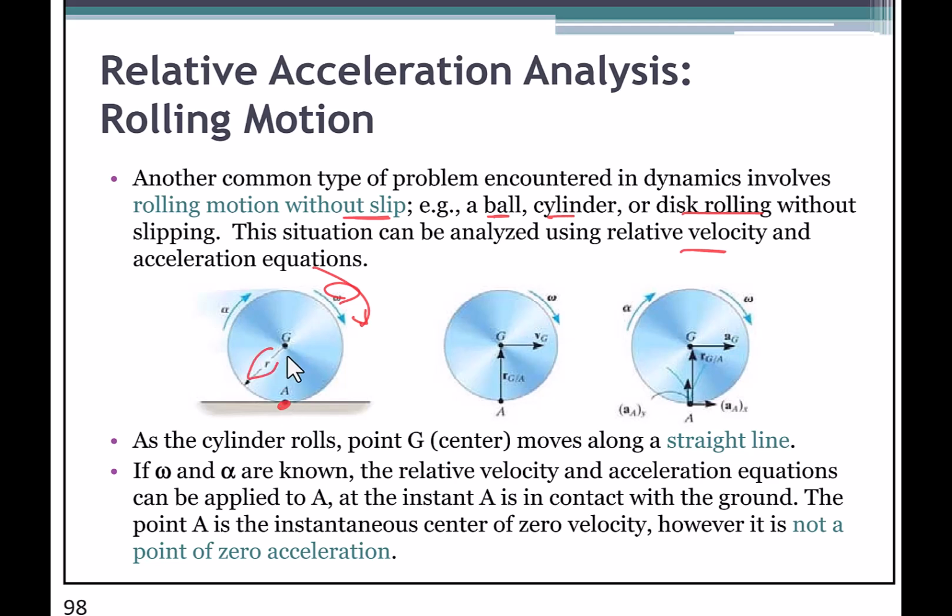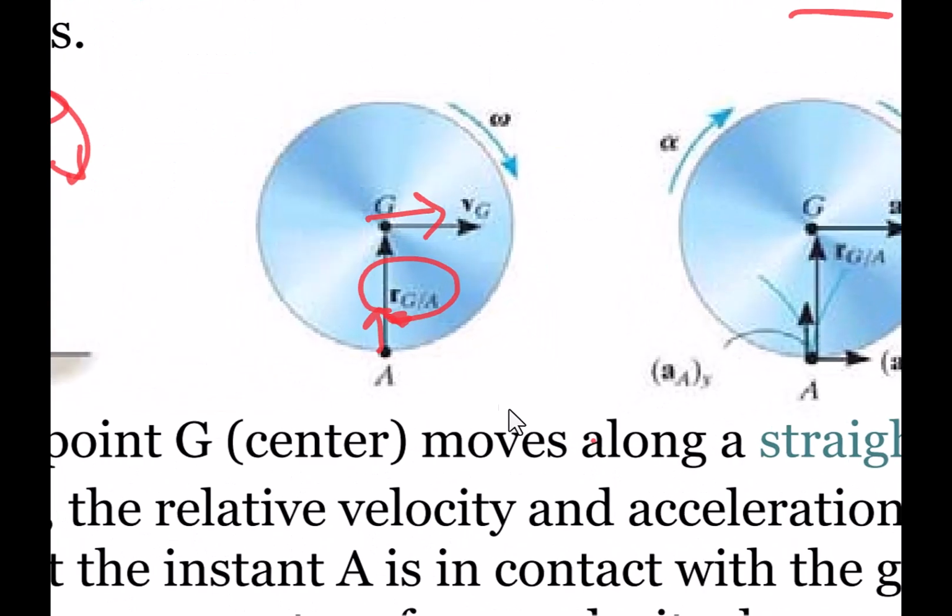And you have a radius between G, the center of the body, and A, the contact point. That means we have a normal direction and a tangential direction perpendicular to each other, and we have the relative position of this point G with respect to A, the point of contact. And you have a velocity in the y direction, Cartesian components, and you have an angular velocity.